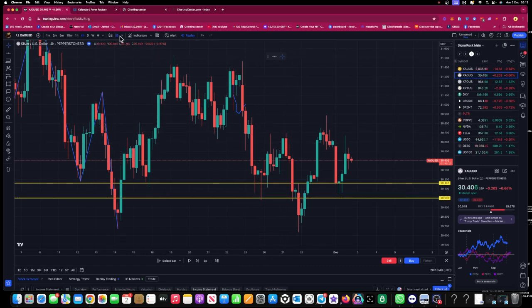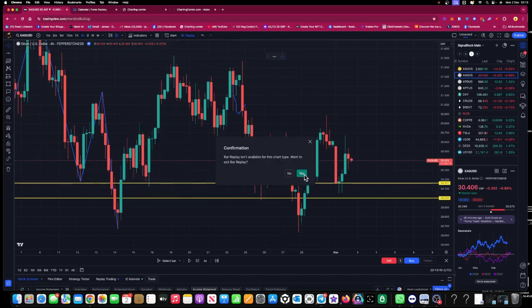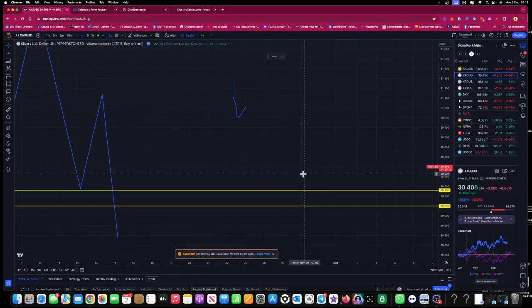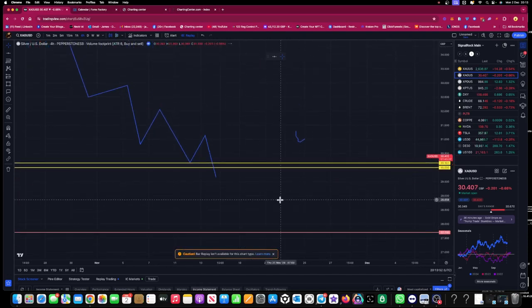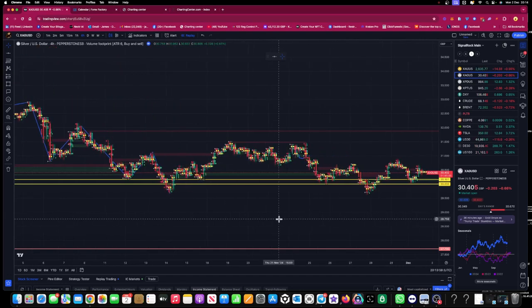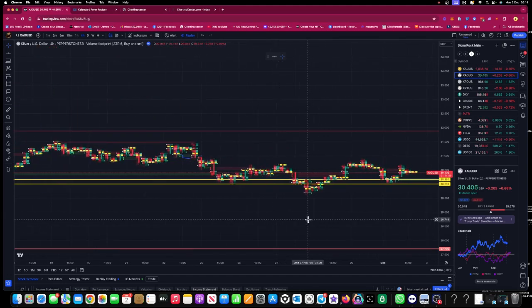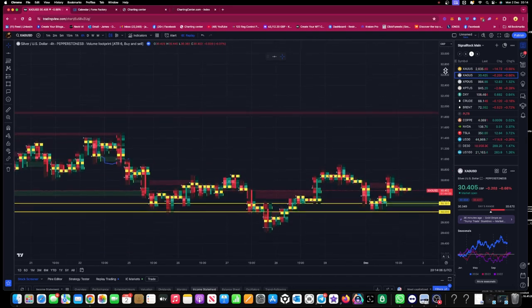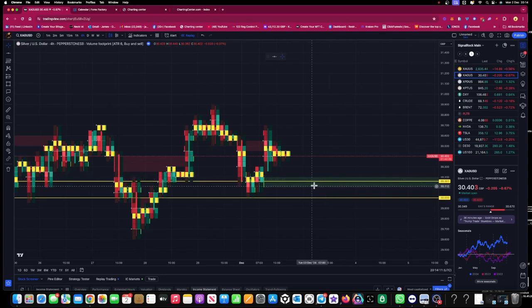And then what we'd do, we'd go into volume footprint. Wait for it to load. Okay, so look, we've got a buy zone potentially setting up here anyway.